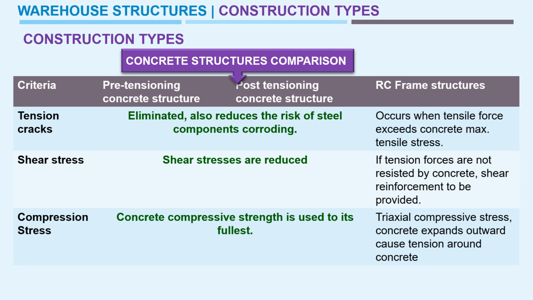So that means RC frame structures are weak in compression under triaxial compression stresses. But in pre-stressed concrete, this triaxial stress can be borne by the concrete structure, as the compressive strength of the concrete can be used fully due to the pre-stressing method.